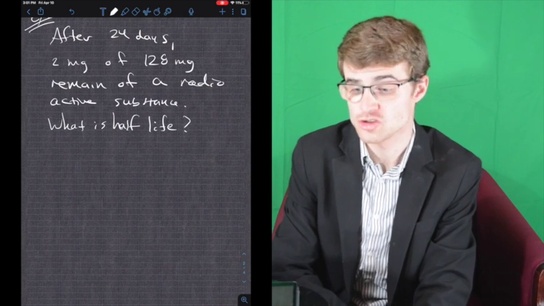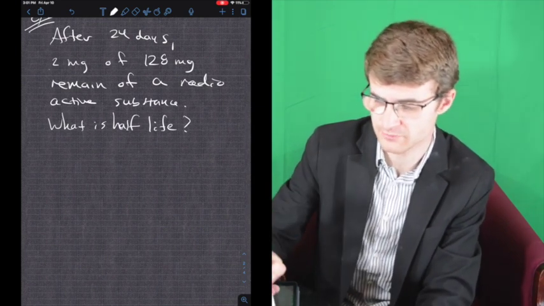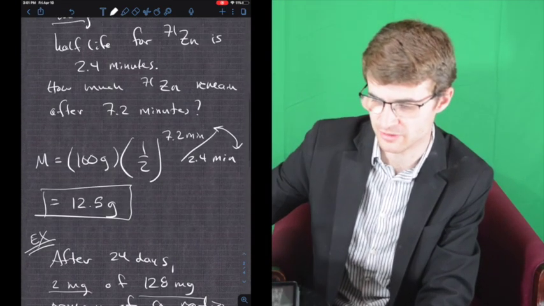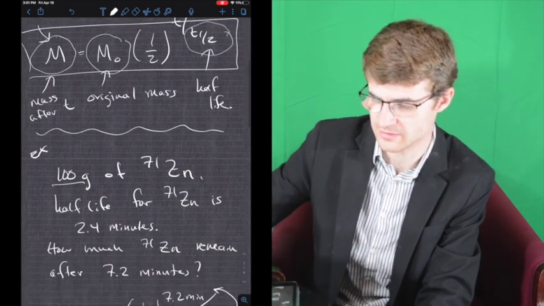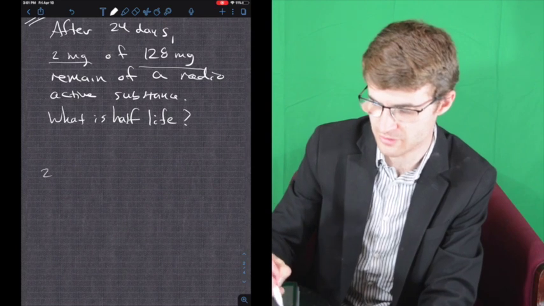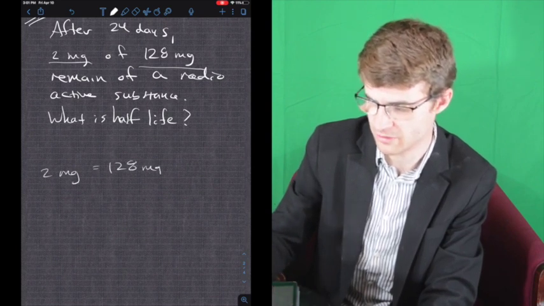Okay, so let's be efficient here. I'm going to plug things in again to that mass formula, because notice they're giving me masses in terms of milligrams here. So again, we're going to use this formula here. And here we have it. 2 milligrams is equal to 128 milligrams.